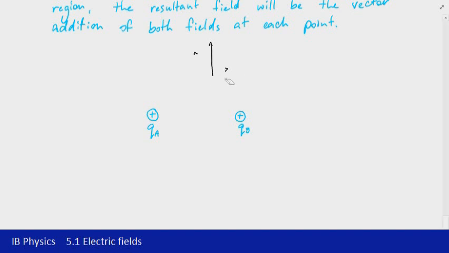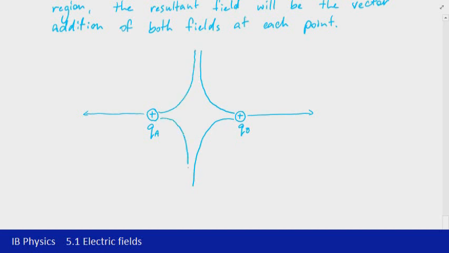And we can go through and then map every single point in this region, and what we would find is that on the extremities, it's still very much going to look the same because they're always being repelled from both positive charges. But through the middle, we get a very different sort of shape about the field, and it would look something like this. Now, this is just a rough sketch, so it hasn't been drawn to scale necessarily, but the shape of the field lines is particularly important to have a look at.